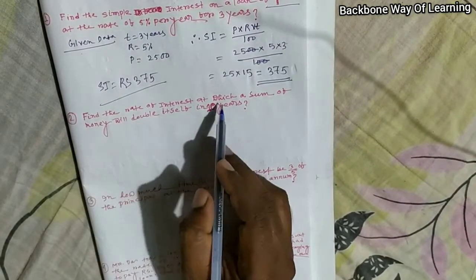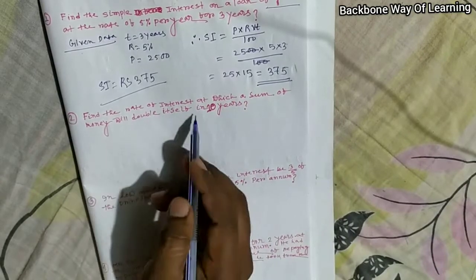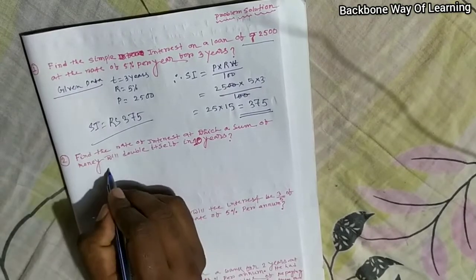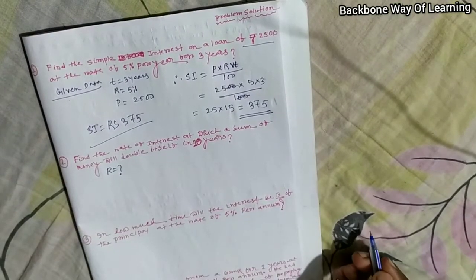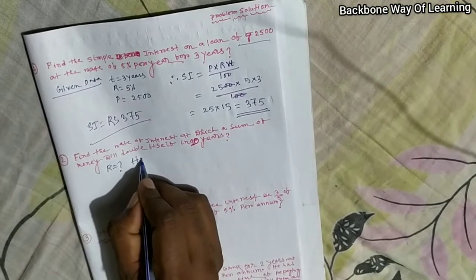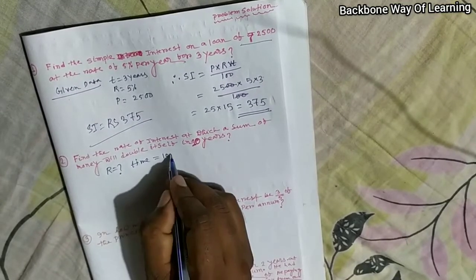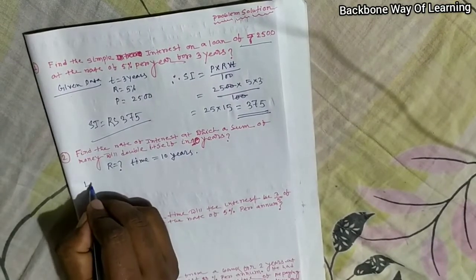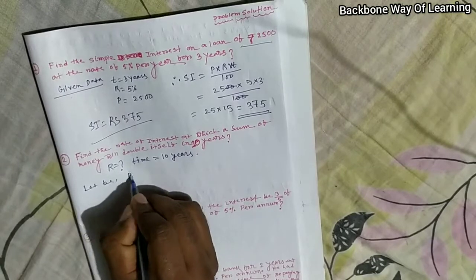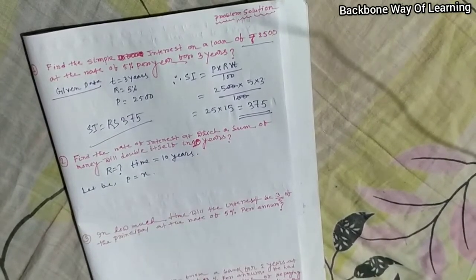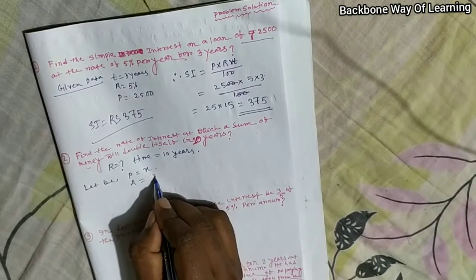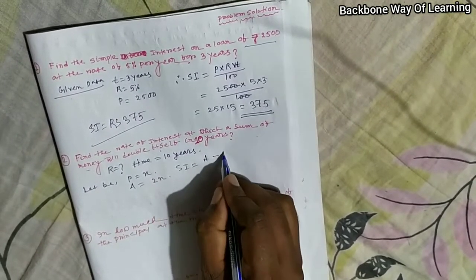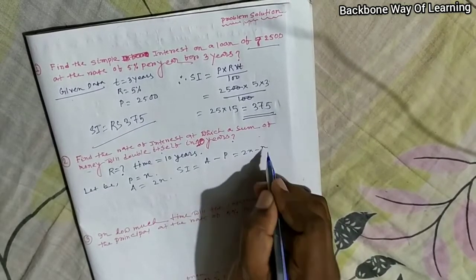Find the rate of interest at which a sum of money will double itself in 10 years. R is equal to what? Given data, time is already given, 10 years. Let principal be x. Amount is 2x, so simple interest is equal to amount minus principal, which is 2x minus x is equal to x.